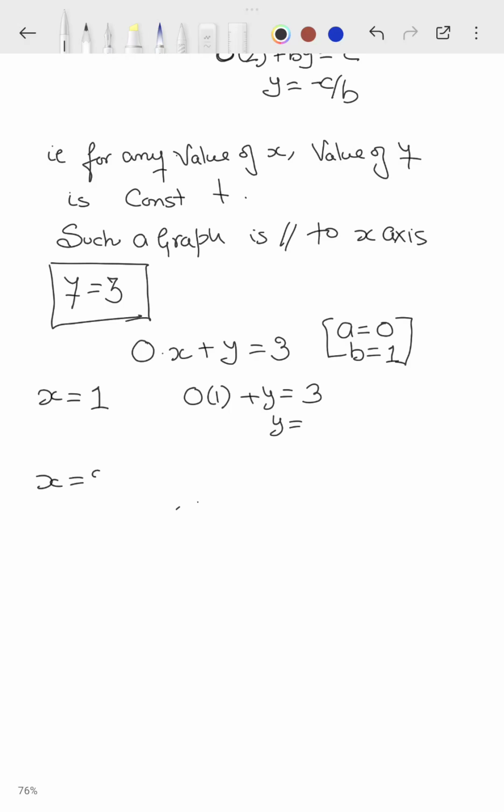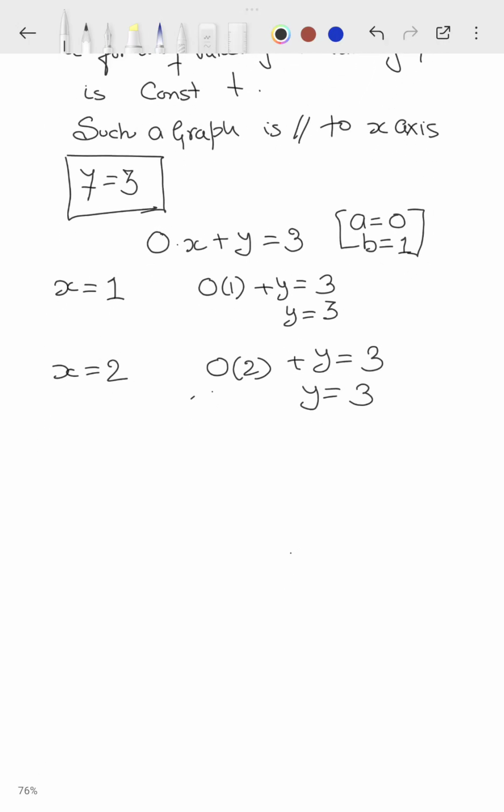When x is equal to 2, 0 into 2 plus y is equal to 3, that is y is equal to 3. So we can keep any value of x, and for each value of x we are getting y is equal to 3. Let's take one more. X is equal to minus 3. So 0 into minus 3 plus y is equal to 3, that is y is equal to 3.